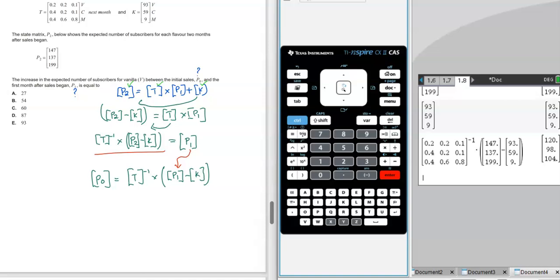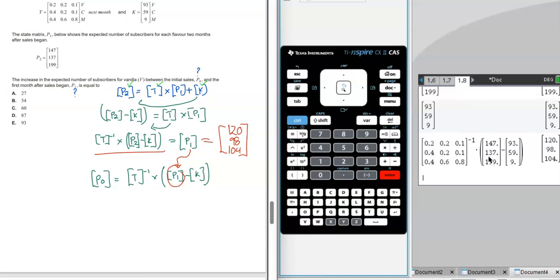So in the end, we end up with P1, which is 120, 98, and 104. Now, we pretty much did the same thing, except we don't want P2 in there. We want P1 in it.